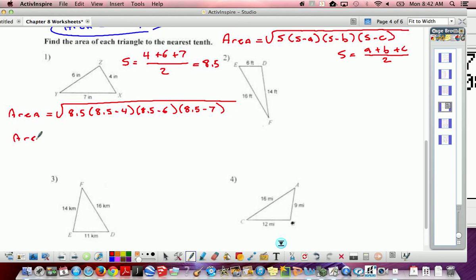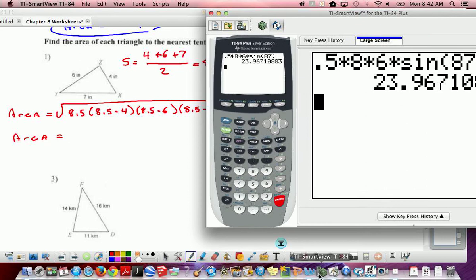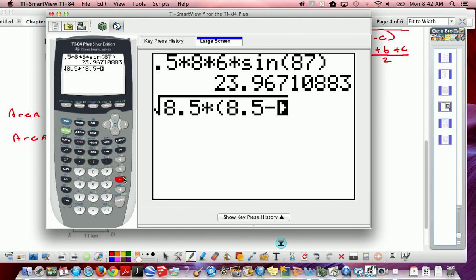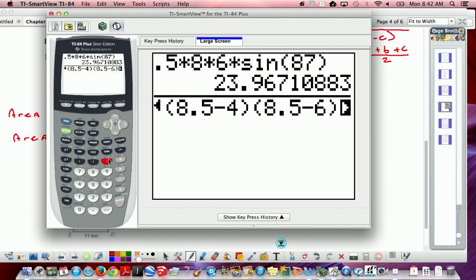Let me show you how you get that in your calculator. This is where parentheses can come into play big time. It's going to be the square root. Now, I'm going to take 8.5 times, notice how it's still under the square root, put my parentheses, 8.5 minus 4, close parentheses, parentheses again, 8.5 minus 6, parentheses, start another parentheses, 8.5 minus 7, close parentheses.